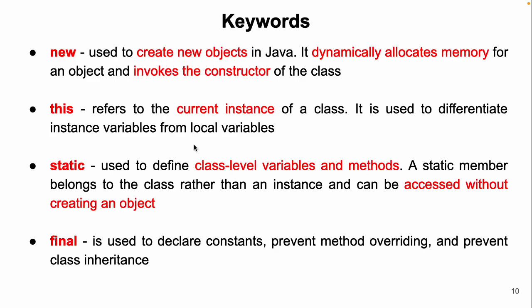Once a variable is defined as static, we call it a class variable. What are class variables? The variable which is declared as static we call a class variable or static field.